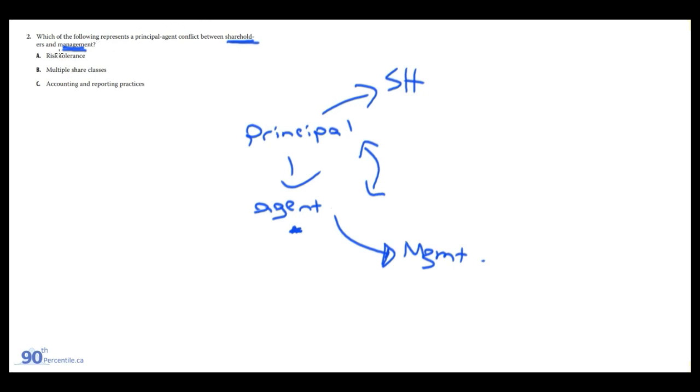So, which of the following examples represents a conflict between these two? The answer is going to be A, risk tolerance. The rationale is that shareholders, like I said, want the highest risk adjusted return on their investment. Management, depending on their compensation structure, you could see both sides of it.